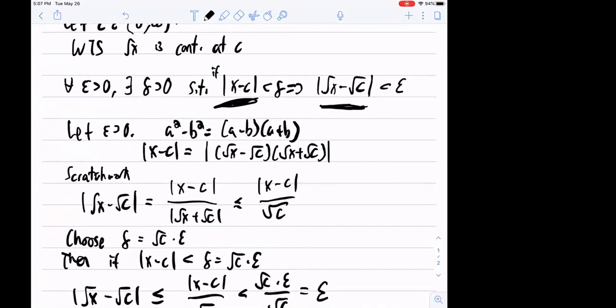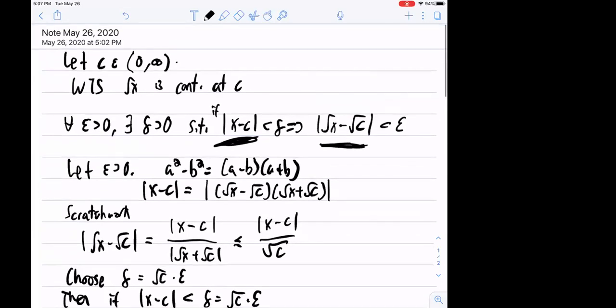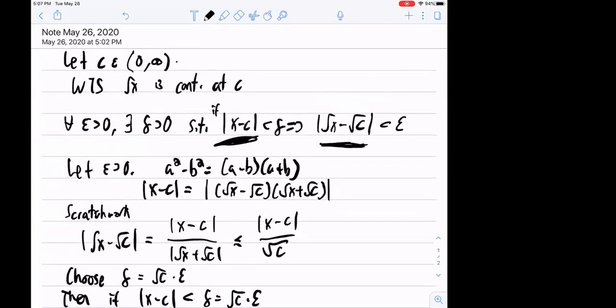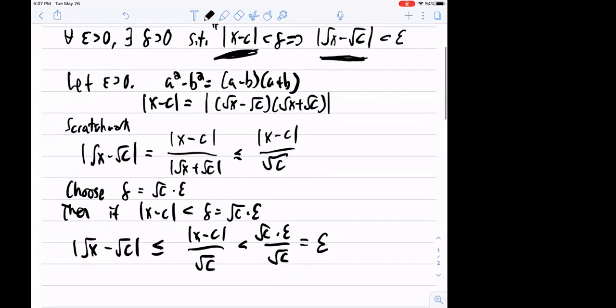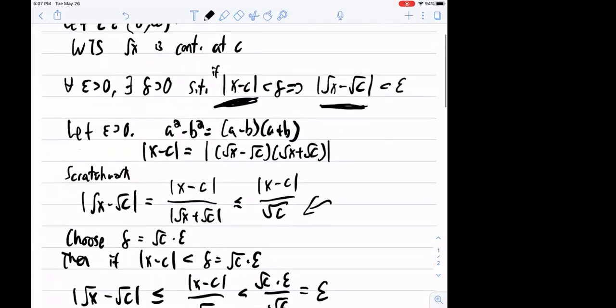In fact, the 0 case is super easy. But we have to show it for every point on 0 to infinity, so we have to let c be arbitrary here. But right here, you can't divide by 0. So we need a separate case, but the case for 0 is much easier.